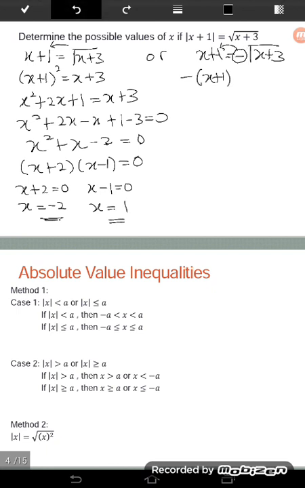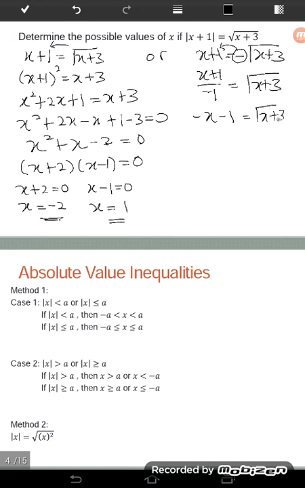Okay, so times, so you have x plus 1 divided by negative, so you just consider negative 1 is equal to square root x plus 3. Okay, so next x divided by negative 1, negative x, positive 1 divided by negative 1, negative 1, which is equal to square root of x plus 3.